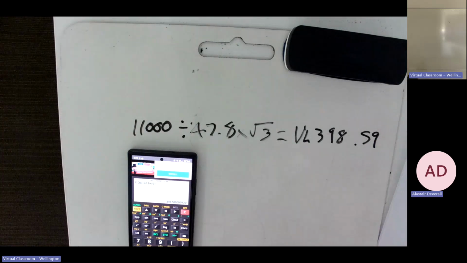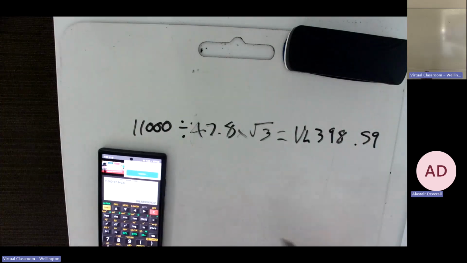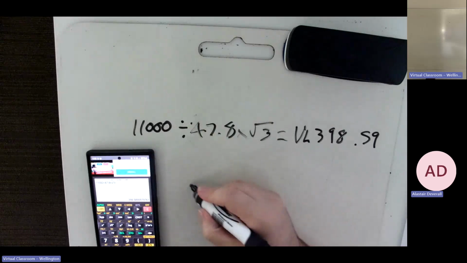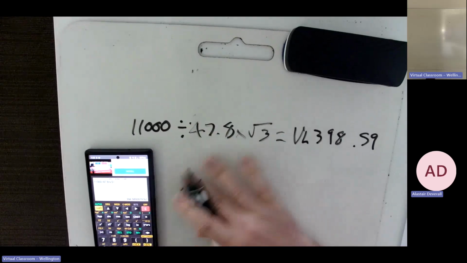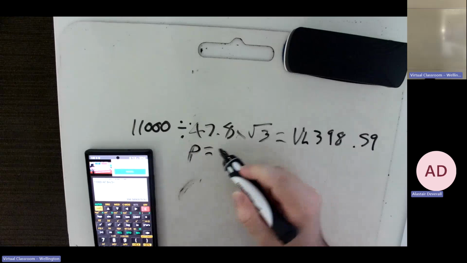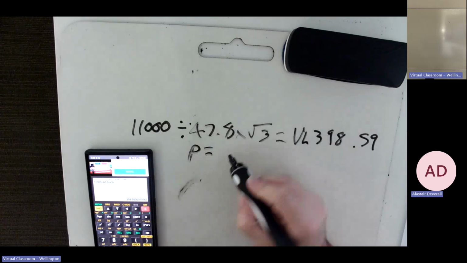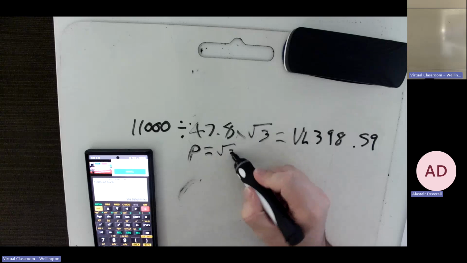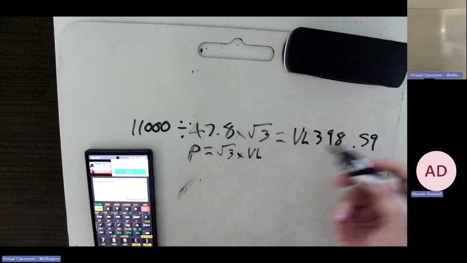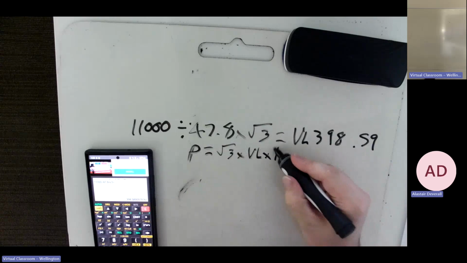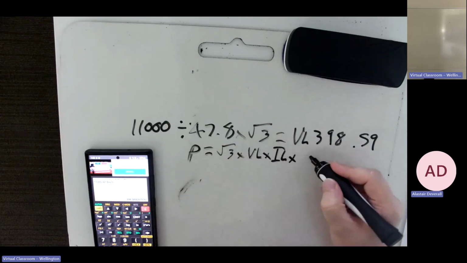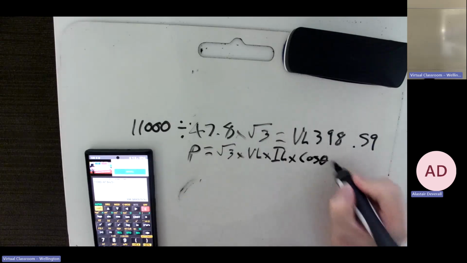And now we've got 25 kilowatts at a power factor of 0.75. So power equals root 3 times V line times I line times cos theta.